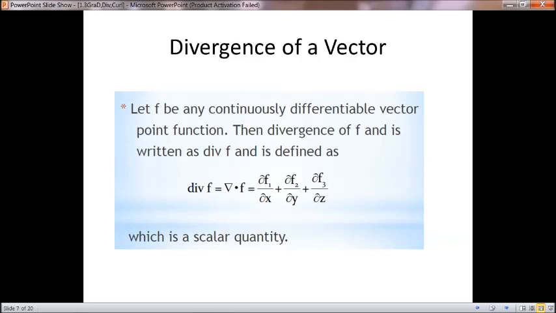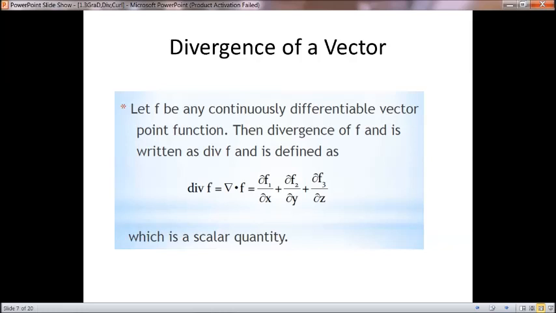Divergence of f is defined as del dot f, and the gradient we have seen was del f. It is del dot f because the vector component is taken out and no directional component is present, so we give it as a dot product, because for a scalar function the scalar product is the dot product.